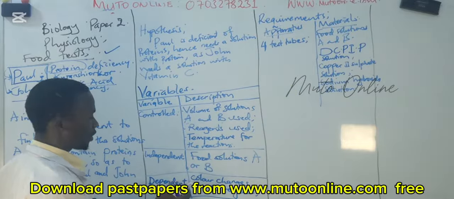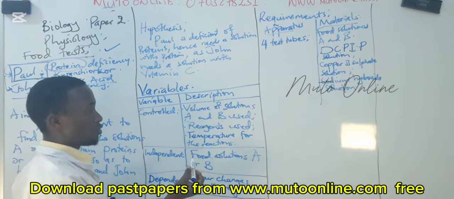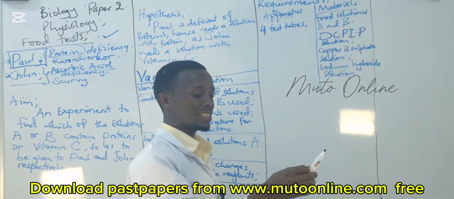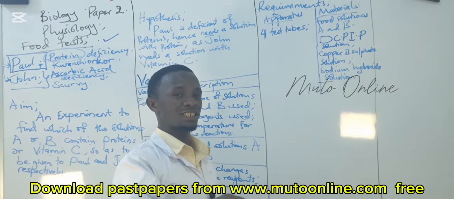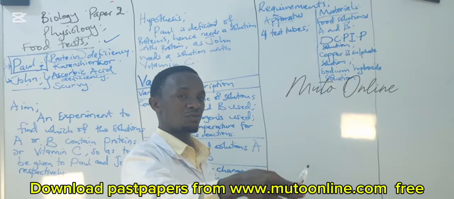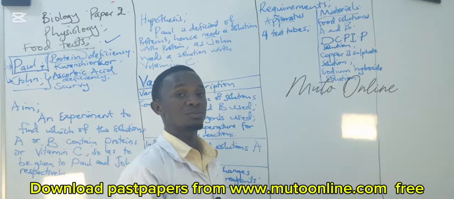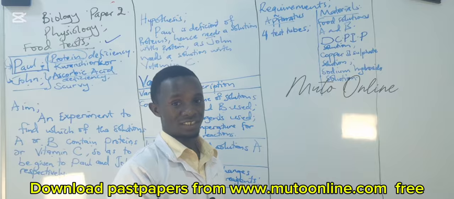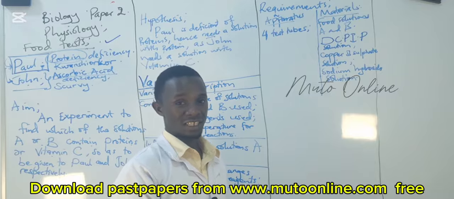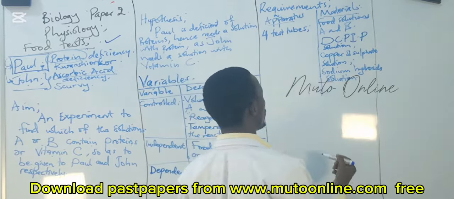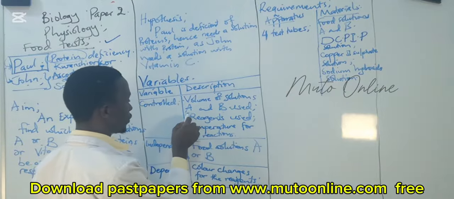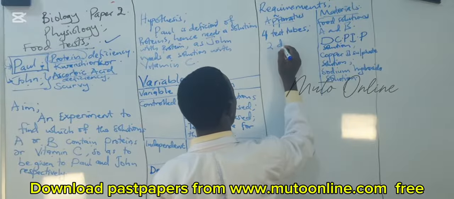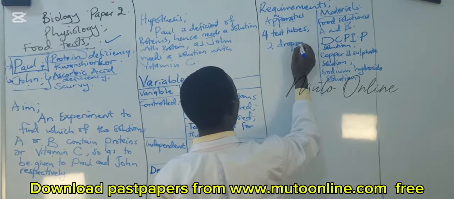Remember when testing for vitamin C, we put the food solution in a test tube. We put the reagent in a test tube. It is the food solution that we add in drop-wise form. We add the food solution drop-wise until in excess. So we shall need 2 droppers since we have 2 food solutions, A and B. For what?